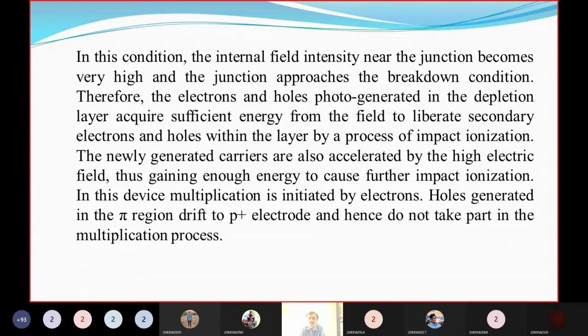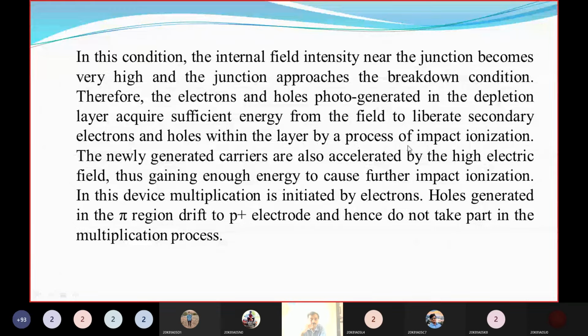Therefore, the electrons and holes, which are the photo generated carriers in the depletion layer, acquire sufficient energy from the field to liberate secondary electrons and holes by the process of impact ionization.